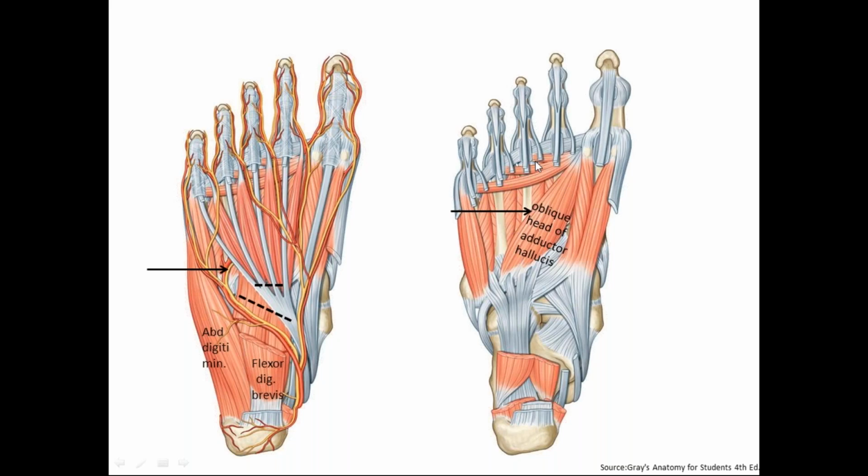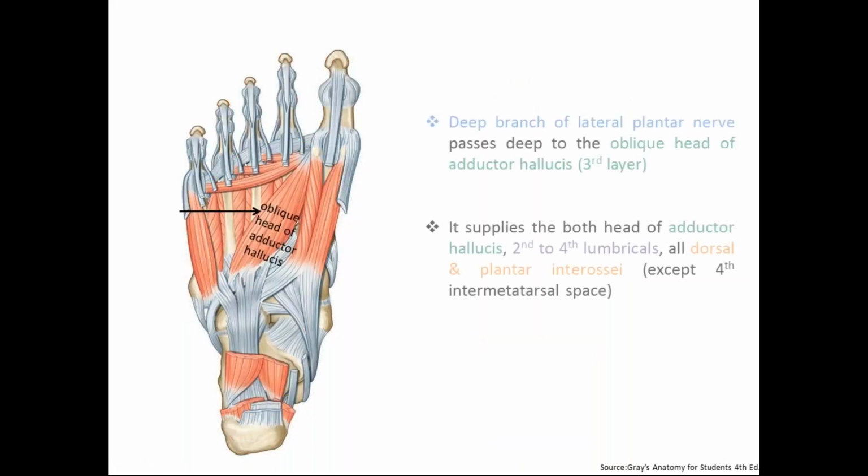So now if you talk about the muscles in the third layer, the flexor hallucis brevis was supplied by the branch of the medial plantar nerve which was supplying the great toe, the medial side of the great toe, that was the first proper digital nerve, and this was supplied by the superficial branch of the lateral plantar nerve, right. Now the deep branch is going deep to this, so they are going to supply the oblique and the transverse head of the adductor hallucis, and the muscles which are lying deep to it, those are the interossei.